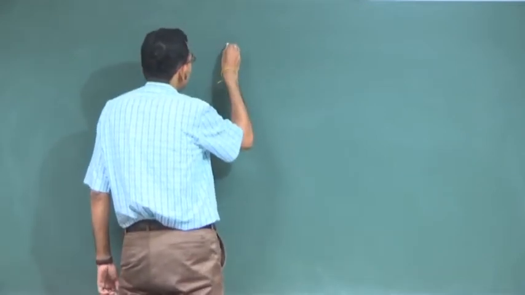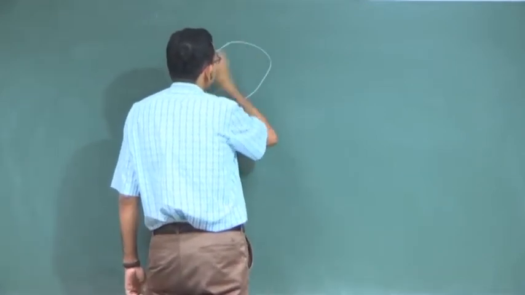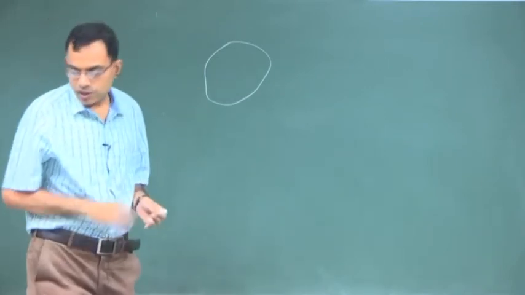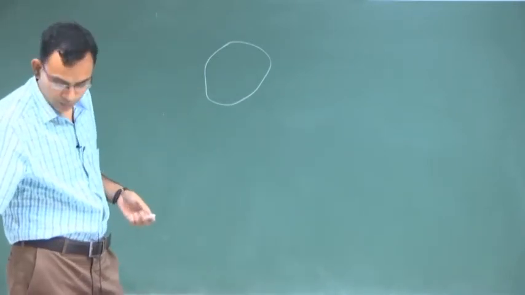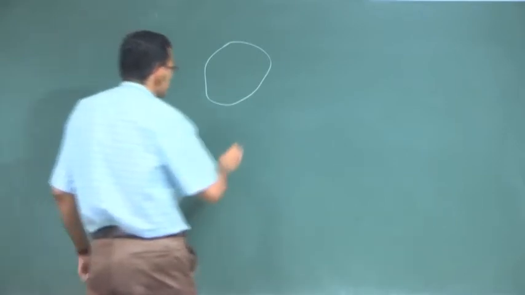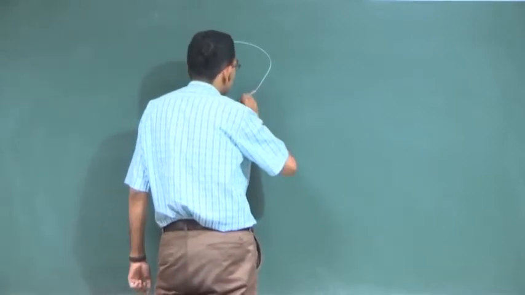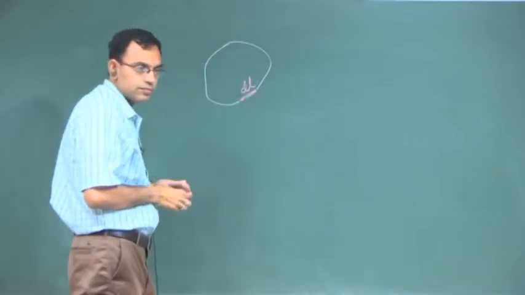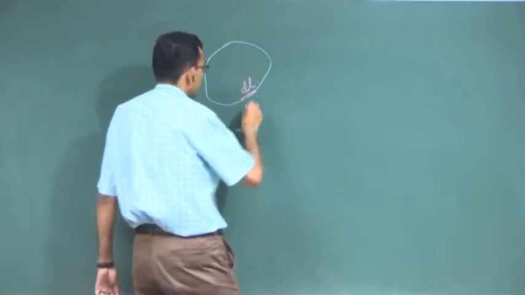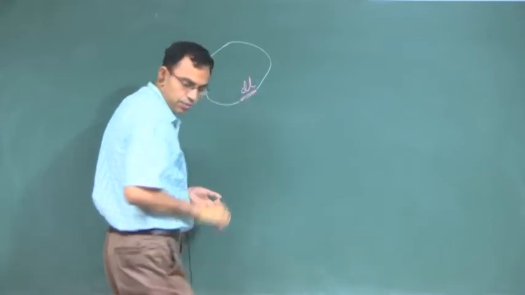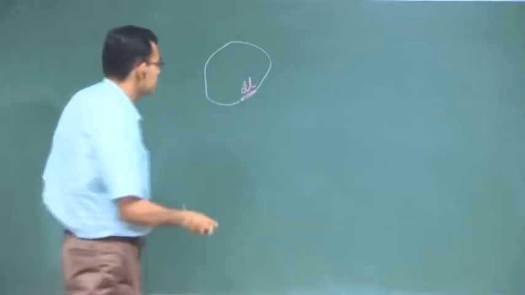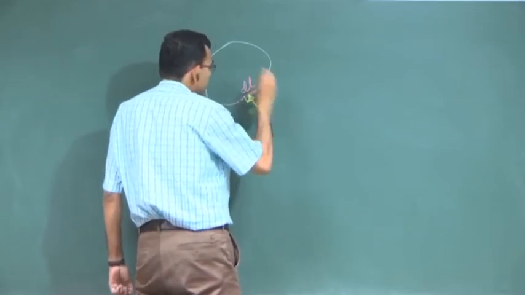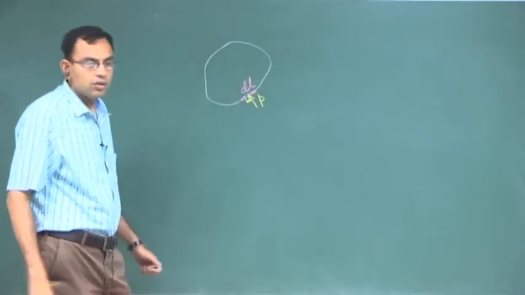So, let us say that you have an arbitrary shaped body like this, any arbitrary shaped body, and you have a potential flow past this. So, you can take a small element dl, and on that small element dl you have a pressure P which is perpendicular to dl.